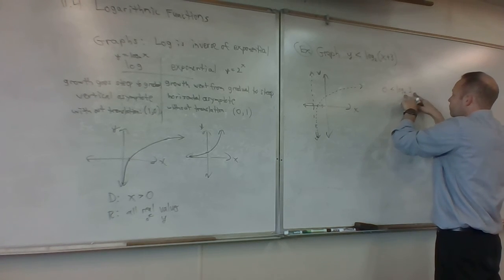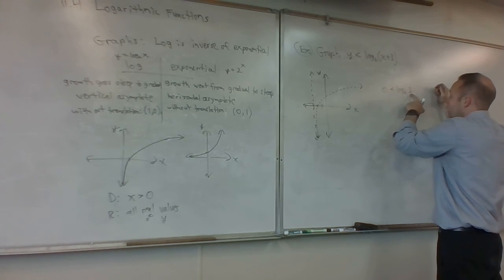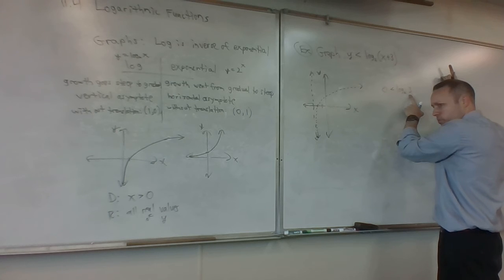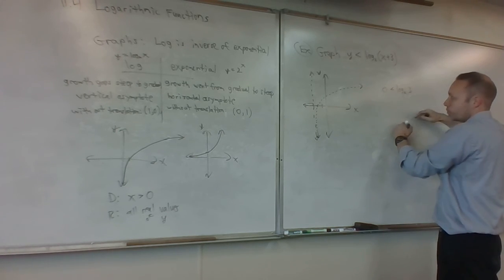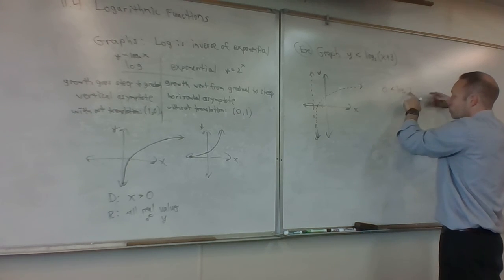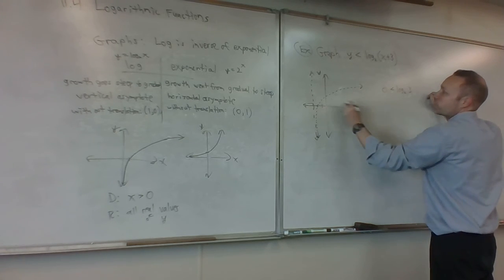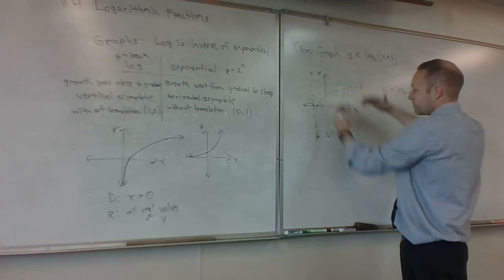Well, log base 2 of 3, that's the same thing as 2 to what power equals 3, right? 2 to what power equals 3? Well, 3 is bigger than 2. So to get from 2 to 3, we're going to have to raise 2 to a positive power, which will be greater than 0. So everything in here is going to be shaded, which I think you would have anticipated, that y is less than is going to give us that.